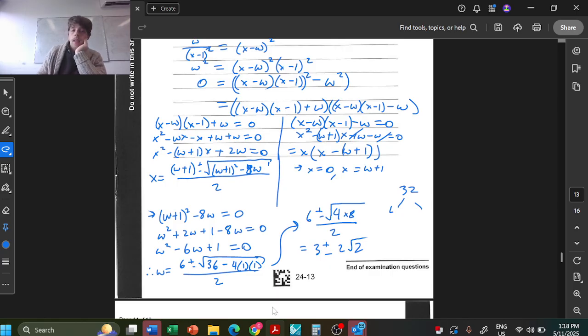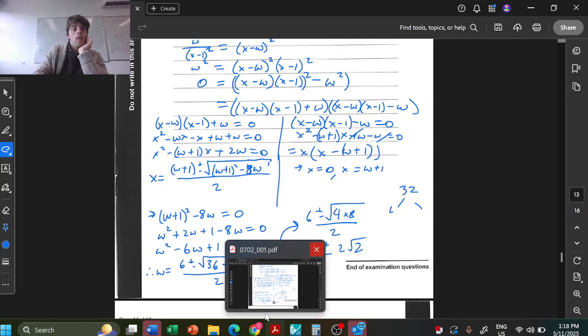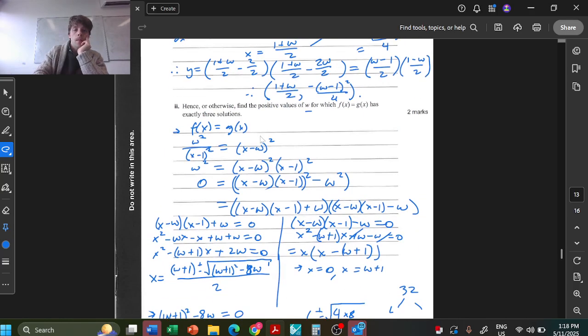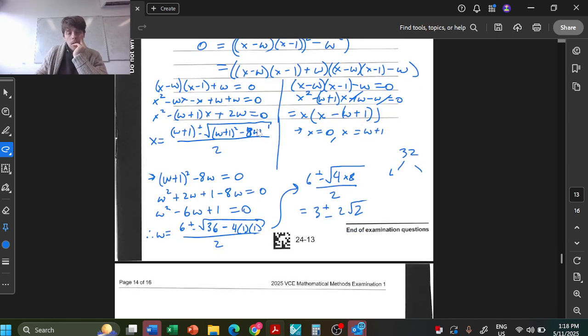And if we consider each of these cases, because we need to know, it says here the positive values of w, if we think about it, root 2 is going to be less than root 4, and it's going to be larger than root 1. So that thing there is going to be a number that is less than 2.